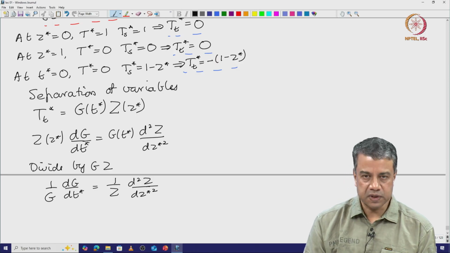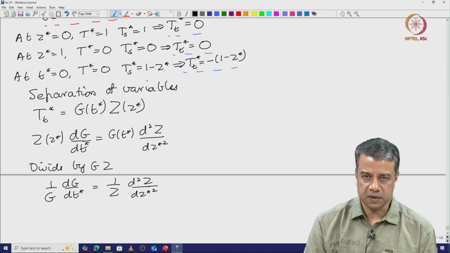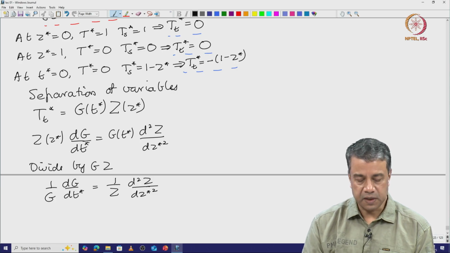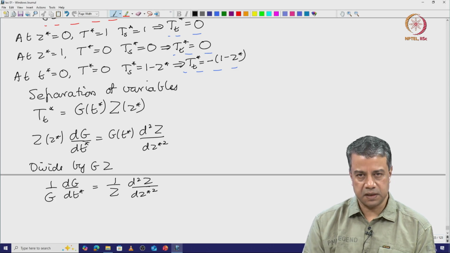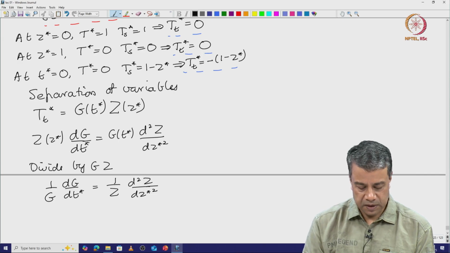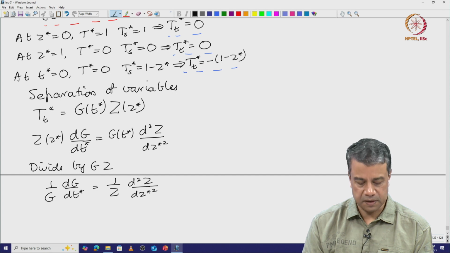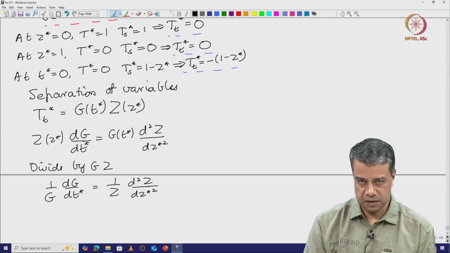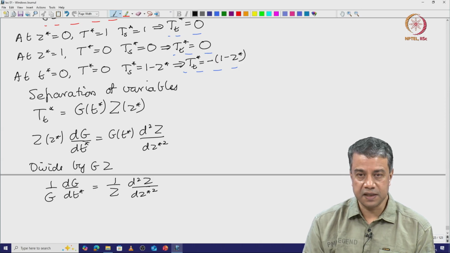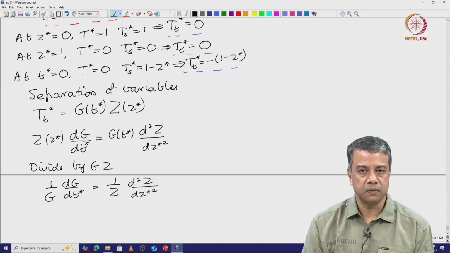Therefore, both sides of the equation have to be equal to constants. Because if this equation is valid for some particular value of t star and some particular value of z star, and the left and the right sides are not constants, they are varying, then I can keep t star the same and change z star, and then only the right side will change and the left side will not change.